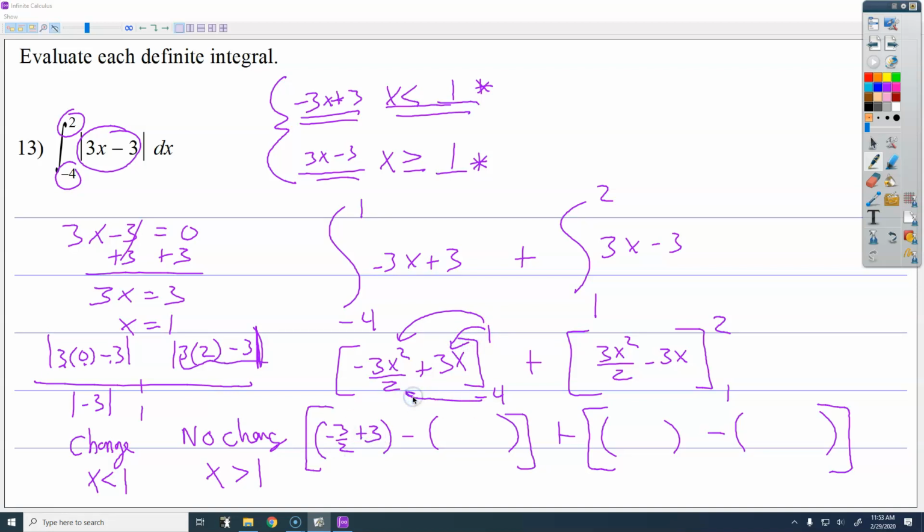Plugging in negative 4, we're going to get, let's see, negative 4 squared is 16, times negative 3 is negative 48. Divide that by 2, and you're going to get negative 24. Repeat here, negative 12.